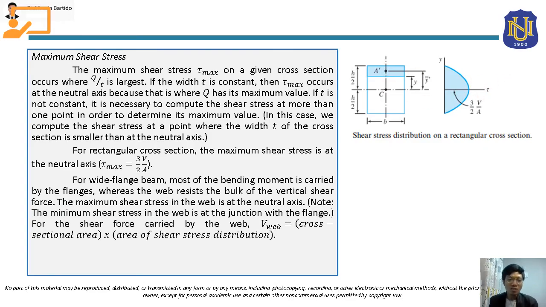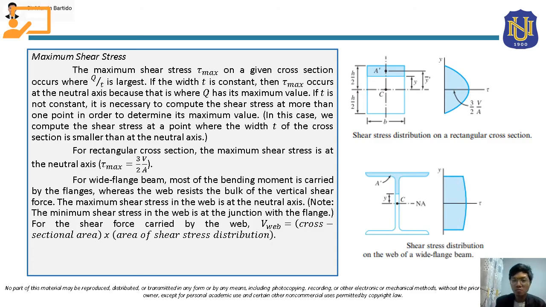Okay, anyway. So class, for a wide flange beam, this is what a wide flange beam looks like. Okay, so that is like an I shape. Okay, so most of the bending moment is carried by the flanges, whereas the web resists the bulk of the vertical shear force. Okay, so that is what I mentioned earlier, ha.